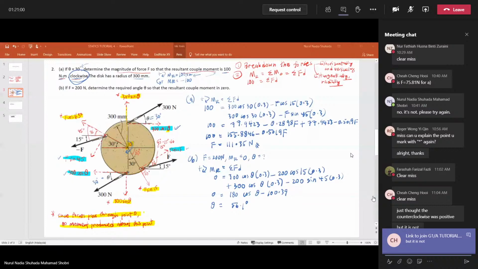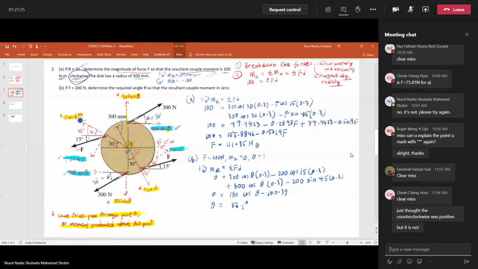No, it's actually clockwise is the positive because it mentioned in the questions. So that's why you guys have to highlight or take note on the keyword in the questions. So if the moment is clockwise, then the value should be positive 100.